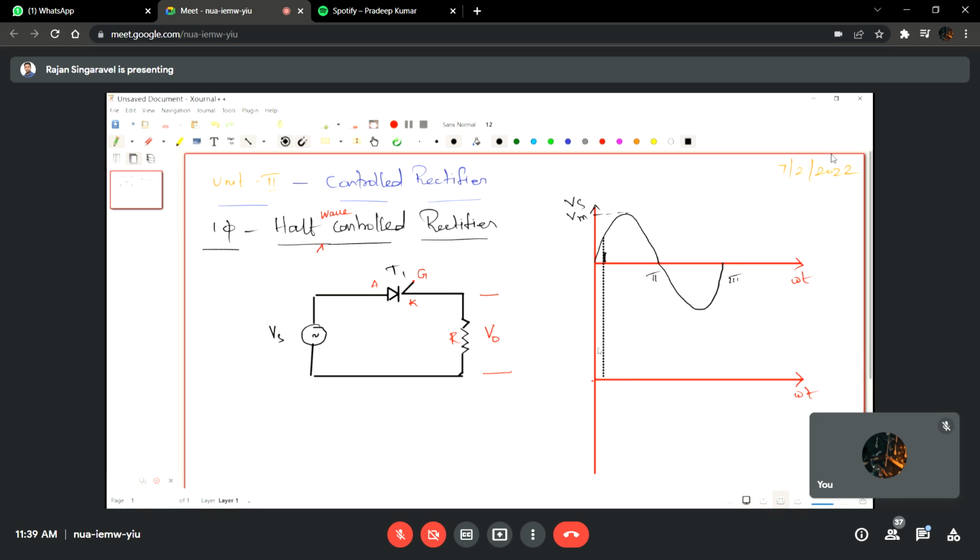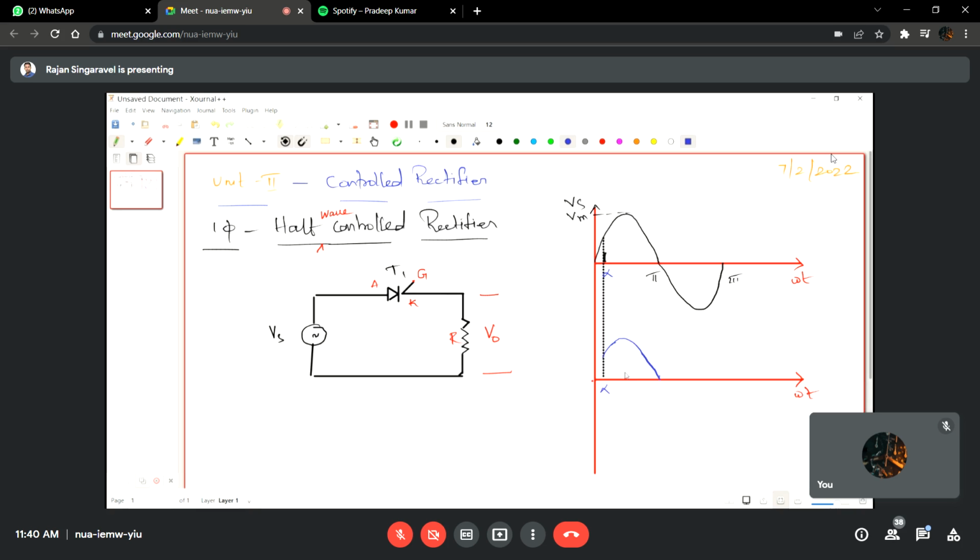So up to this point, there is no output voltage, and from this particular point onwards, the output voltage will start to increase, and it will reach the peak by omega t equal to pi by 2, and it will come here, right? And this particular point is called alpha, which is your firing angle, right?